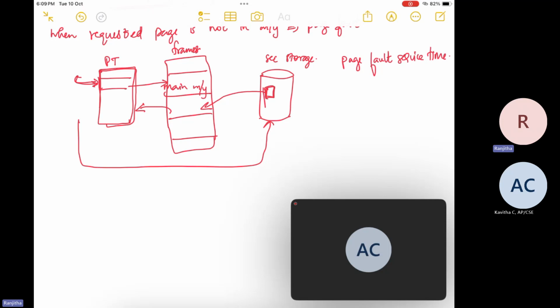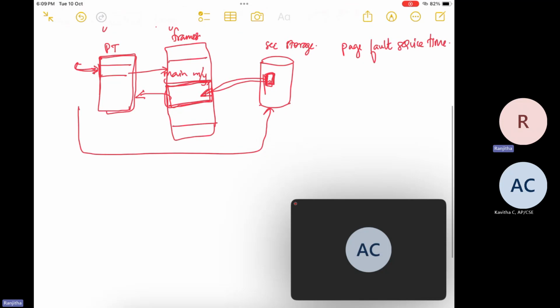Before going to the secondary memory, we must identify a free frame, a free slot in the main memory. Then we will go to the secondary memory, take the page and put it into the identified main memory frame. After that, the page table will be updated. This whole process takes time, and this time is called the page fault service time.